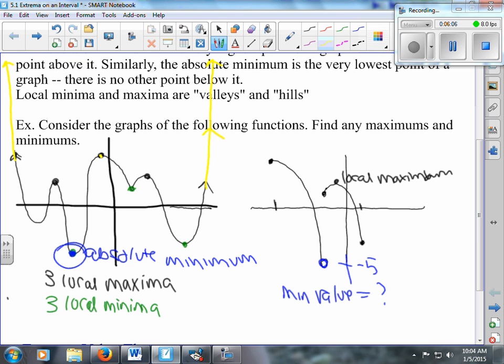And you can't say -4.999 because there's a value on the graph lower than -4.999, -4.9999, right? Just add one more 9 every time and you get lower. So this has no minimum value, none, no absolutes and no locals. But I do have an absolute maximum. My absolute maximum is right here.